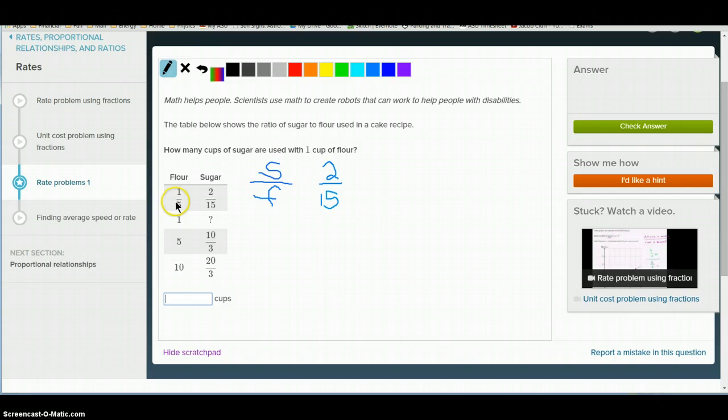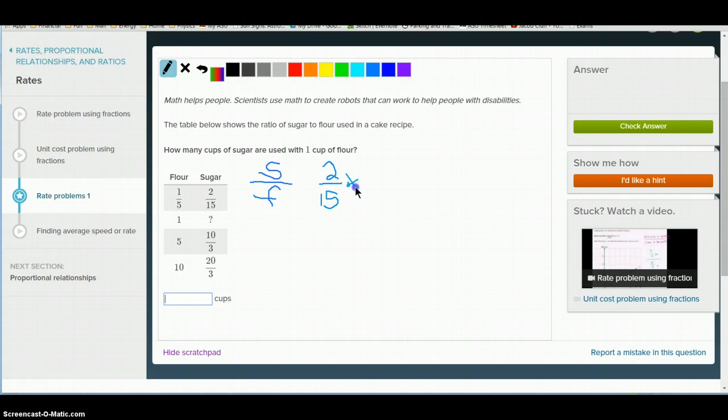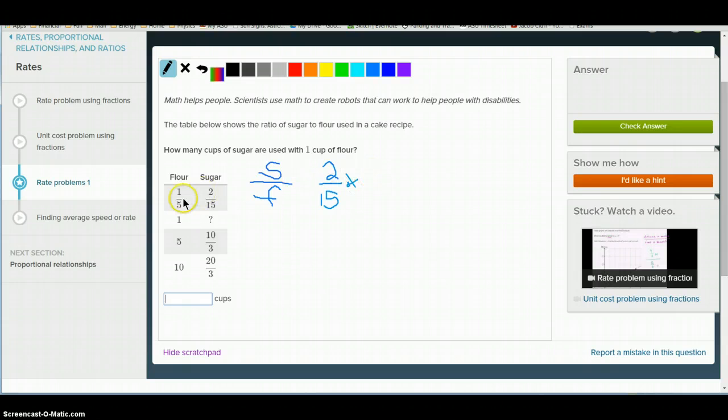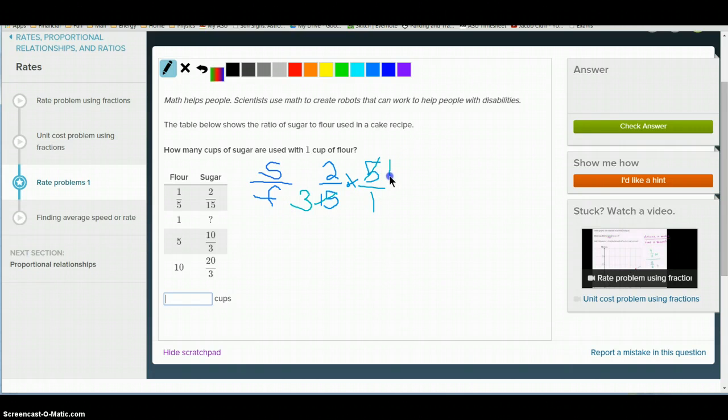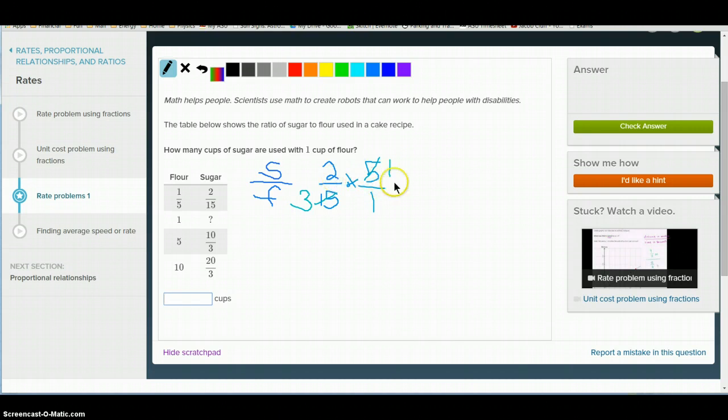If we're dividing by 1/5, then that's the same as multiplying by the reciprocal, and the reciprocal of 1/5 is 5. So 5 over 1. And then this will simplify here. 5 goes into 15 3 times. So 3 and 1, you don't really have to write the 1. And then this just becomes 2/3.